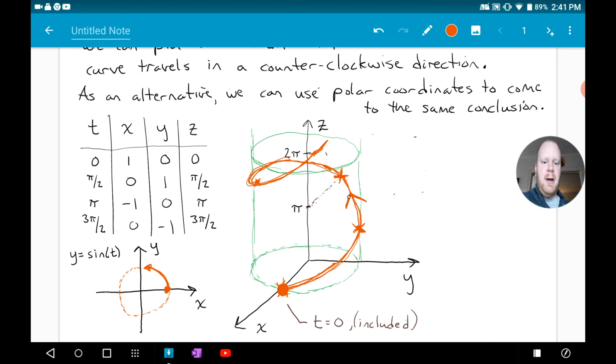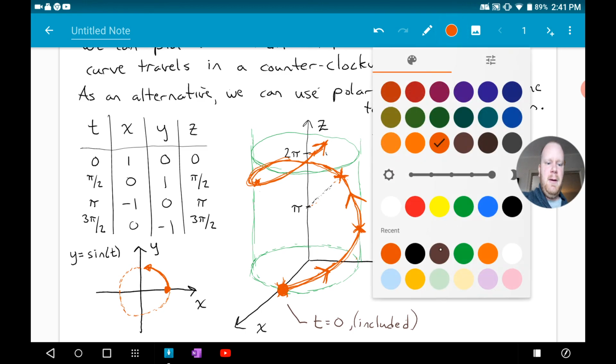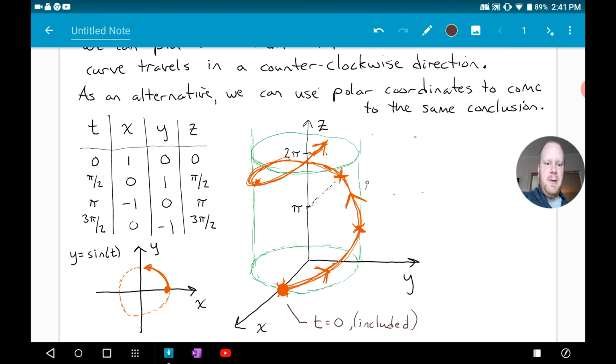So I like to draw a couple of arrows on here just to make sure that it's clear which direction it's moving in. That's an important point. We need to include some arrows to show direction.